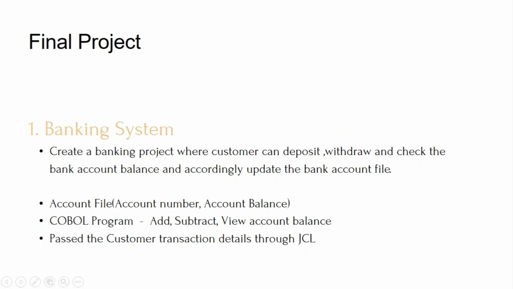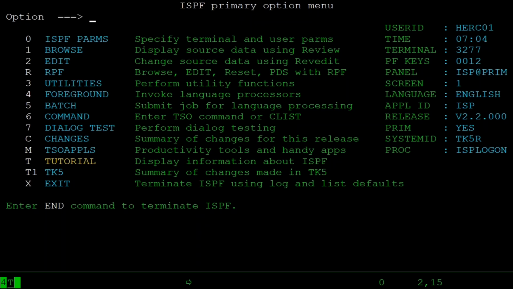So this is the project that we will do here. Let's start. Go to the mainframe and start creating this project. So we are in the mainframe. Now we will write a COBOL program to create the banking system. So go to the PDS member first.